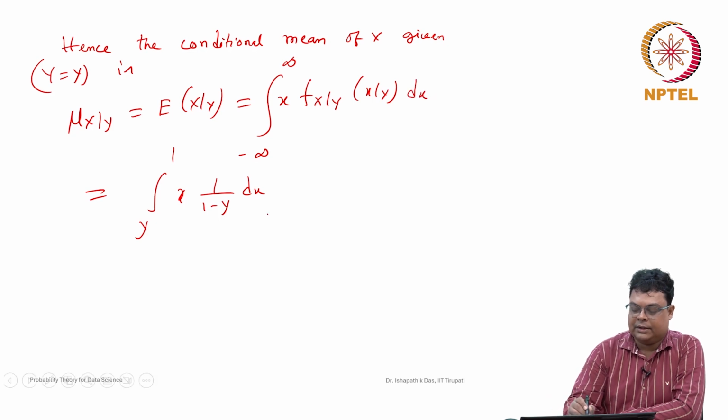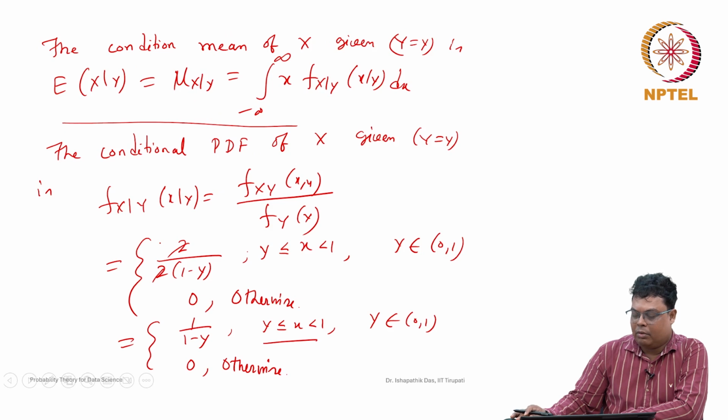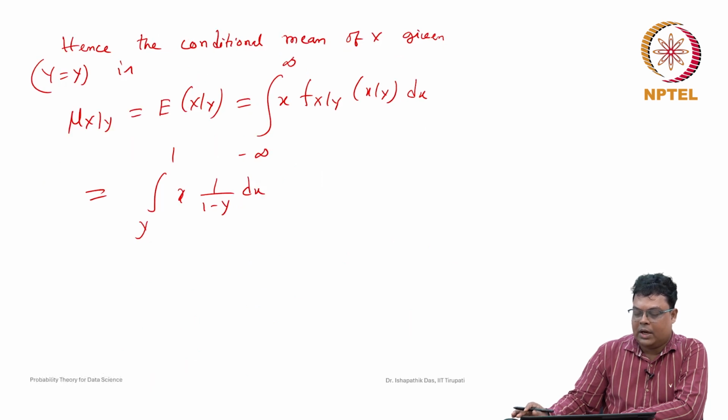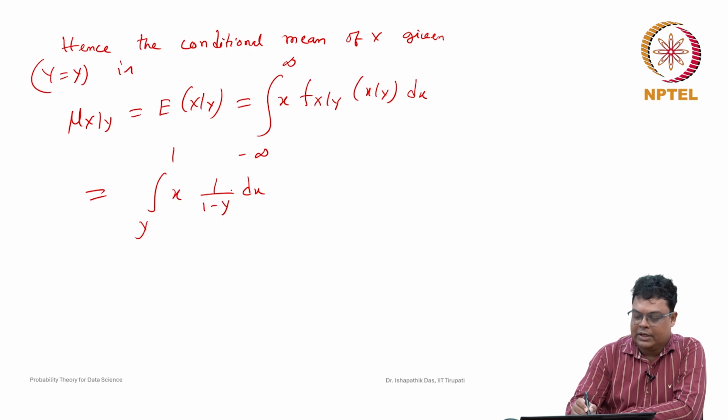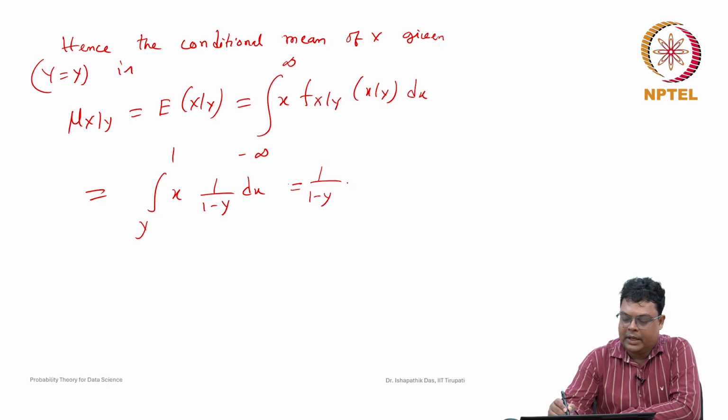Because this density exists on y to 1, and this is the multiplication with x, it is like a constant, so it will be 1 by 1 minus y and x dx.